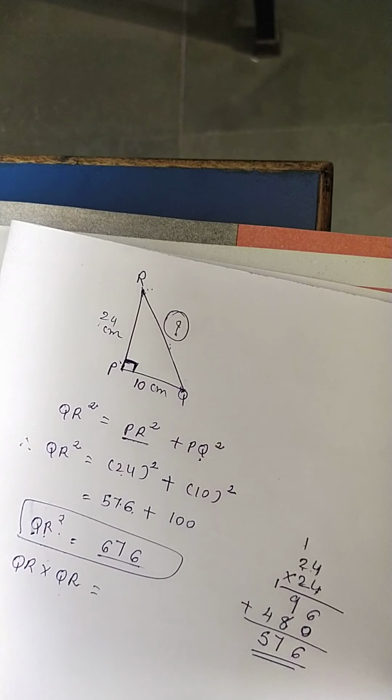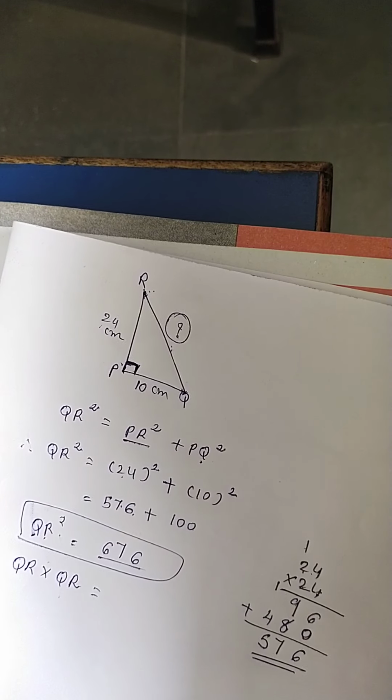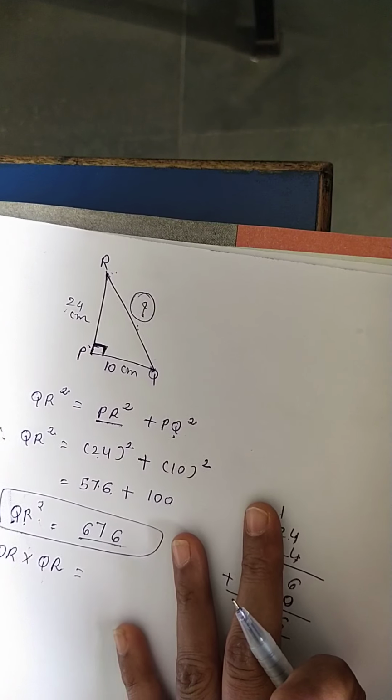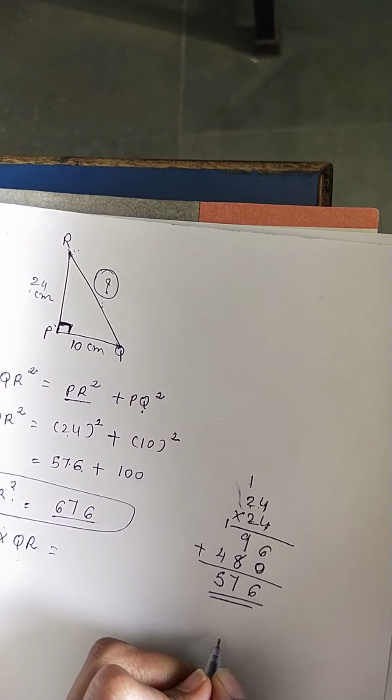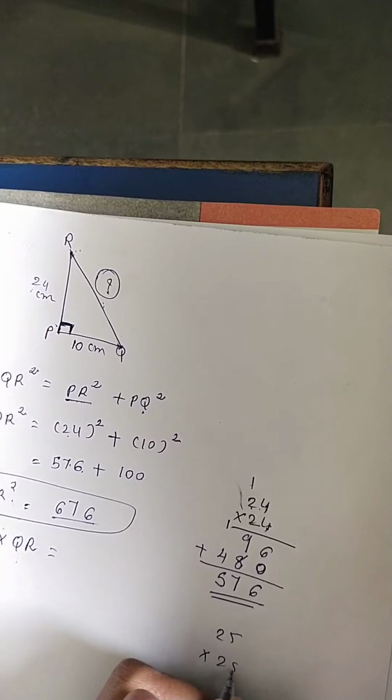But here we know the table, the square of 25. 25 multiplied by 25. It means this one is 625.